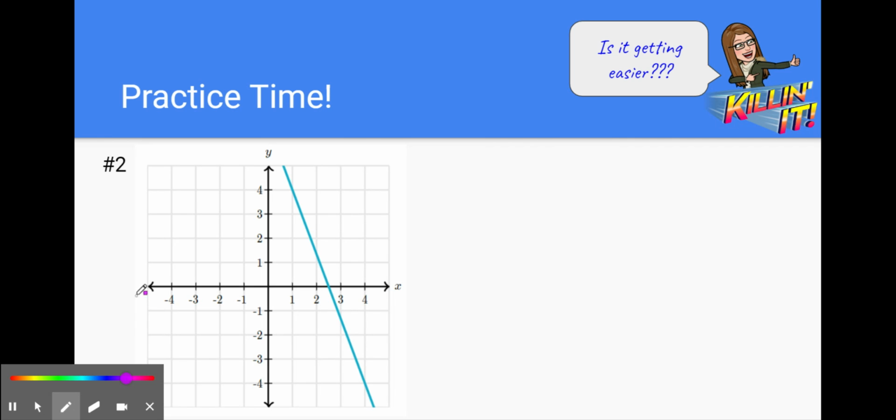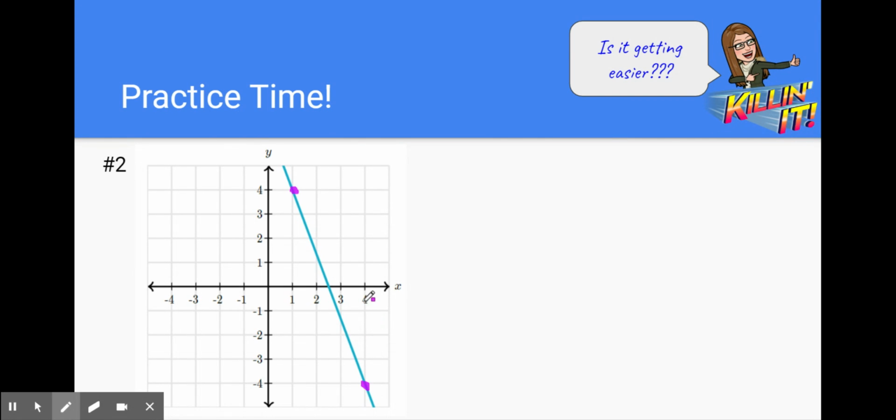I'm going to go ahead and pick 2 points on the line. Any 2 points work. There's one. And I don't see another one till all the way down here. So it looks like this line only had 2 options. So you go ahead and you count your rise.